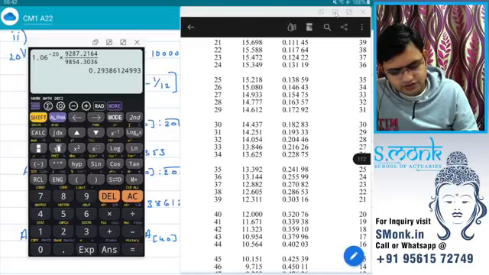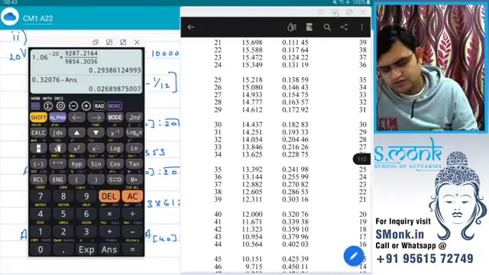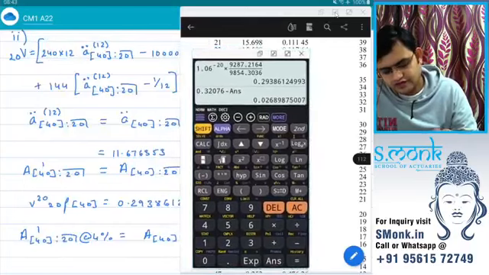Now I will use the endowment minus pure endowment to get the term value, 0.32076. This is the term value.